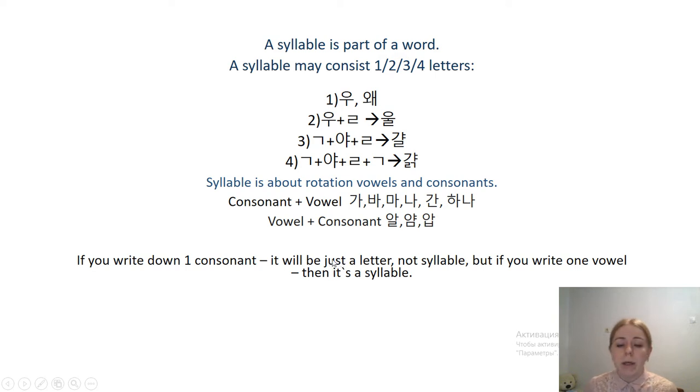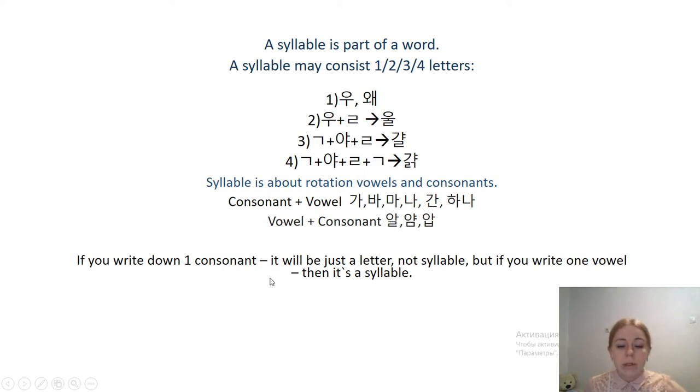But in Korean, it's possible only if we're talking about pachim. So in pachim, in double pachim, there might be, not always, but it might be, two consonant letters, but usually we have a rotation of vowels, or not only vowels, but also diphthongs and consonant sounds.